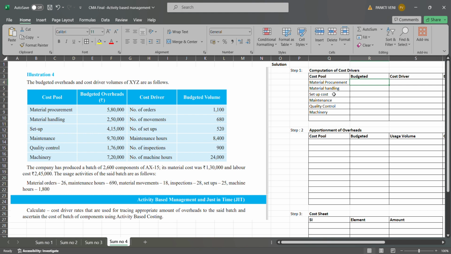Okay, so here you have 5,80,000, 2,50,000, 4,15,000, 9,70,000, 1,76,000, 7,20,000. Okay, this much is done.